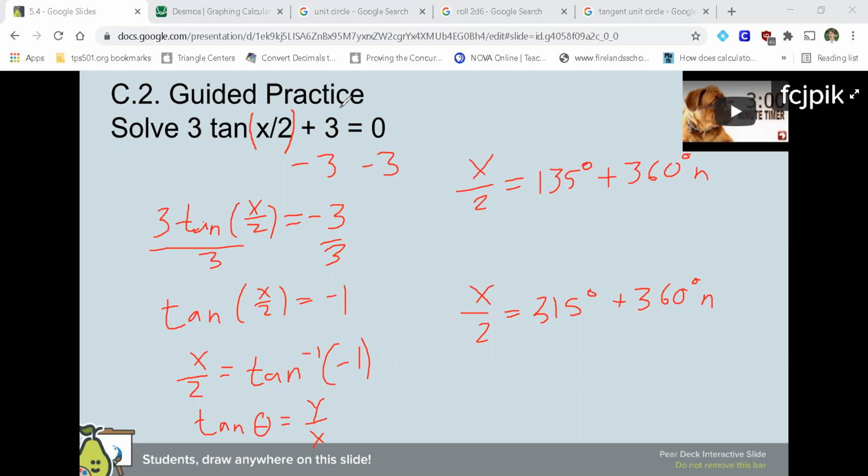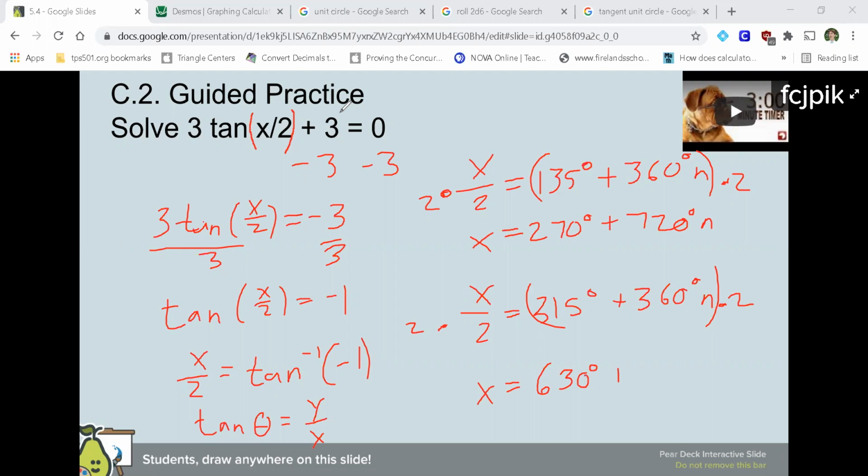And then Mariah, last step. Multiply by 2. This is how I want to write that. 2 times 2. x is 270 plus 720n, and x is 630 plus 720n.